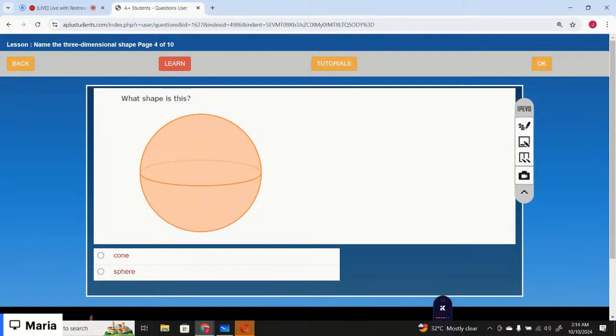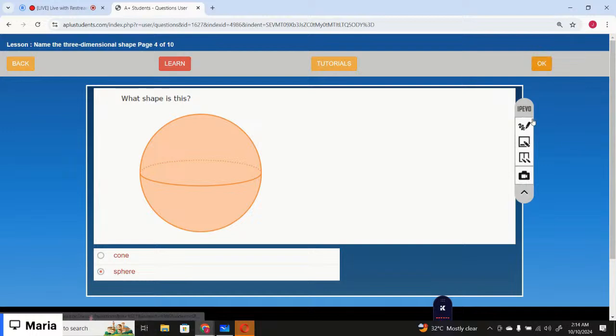What shape is this? Which is the correct option? Yes, sphere it is.